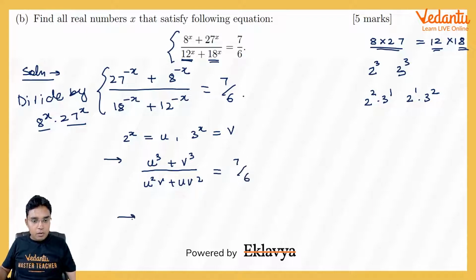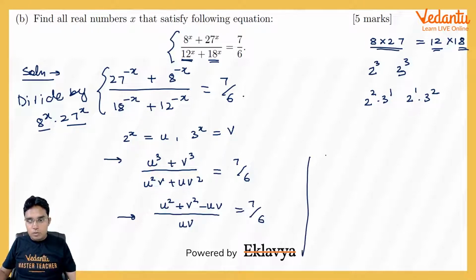Now u plus v is common in the numerator as well as in the denominator. Then it will be u square plus v square minus uv, and here it will be just u into v. U plus v cannot be 0, so we can cancel it, and we will get this equal to 7 by 6.